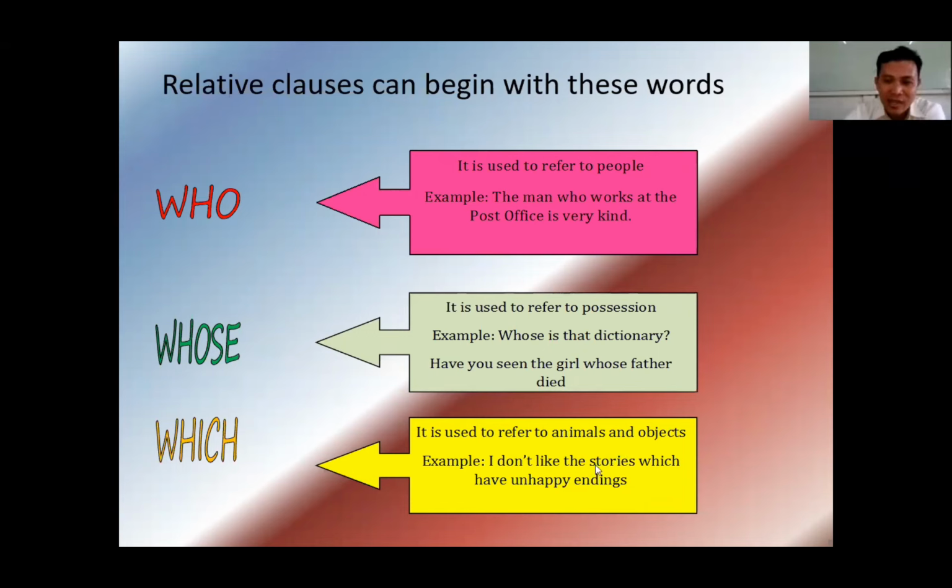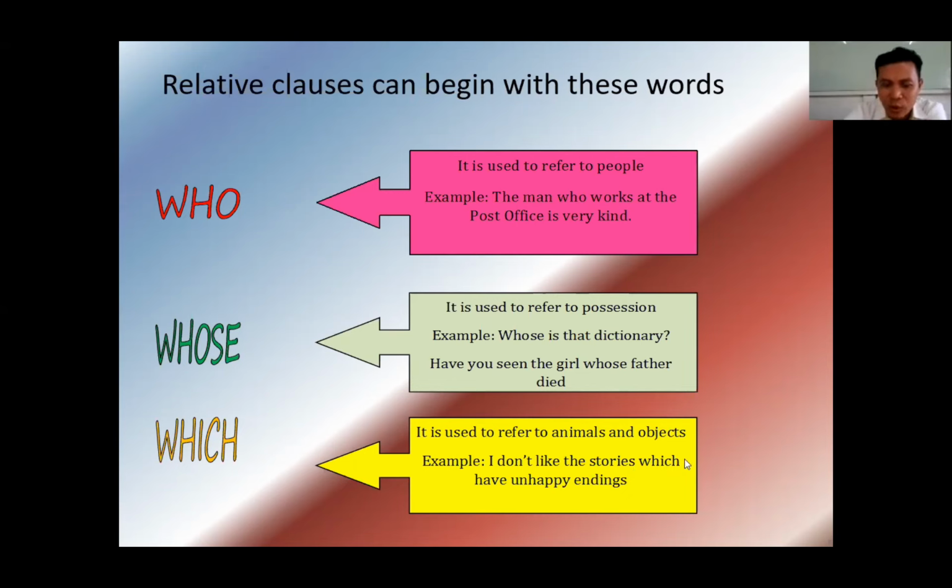We are giving more extra information about the stories, not about I. What stories don't you like? The stories which have unhappy endings. Because a story is a thing or an object, we use which, not who or whose.